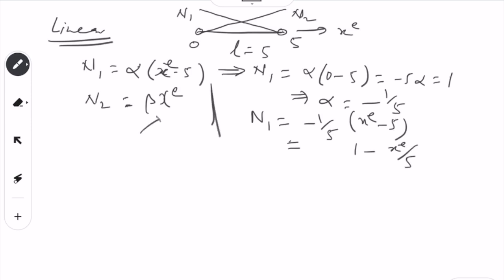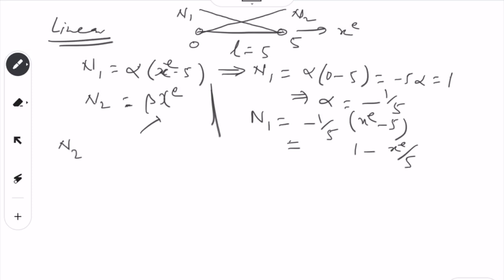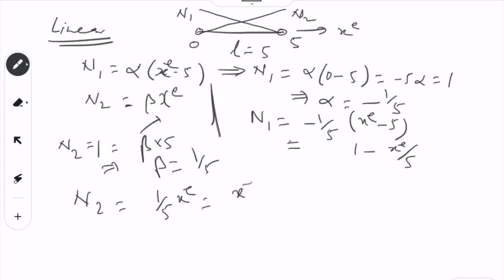Similarly for N2, because it is going to pass through x equal to 0, it will be of this form. However, this has to be 1 at x equal to 5. So we write N2 equal to 1 equals beta times 5, and hence beta equal to 1 over 5, and N2 equal to 1 over 5 xe, where 5 is basically Le only. So N2 is xe over Le.